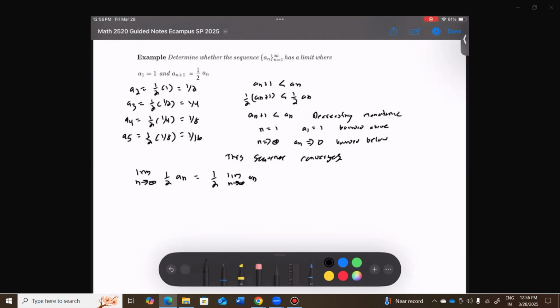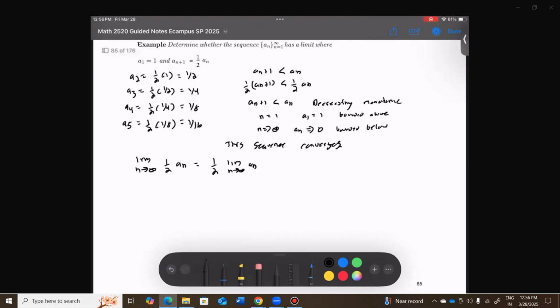Okay, and if we look at this, L for the limit is going to be equal to 1/2 L. You can set that equal to 0. Factor out the L. And for this to work, then L has to equal 0. So your limit would be 0. And this sequence is going to 0.